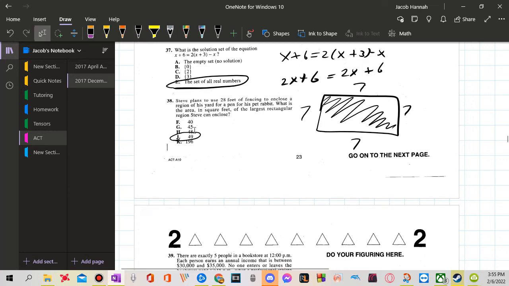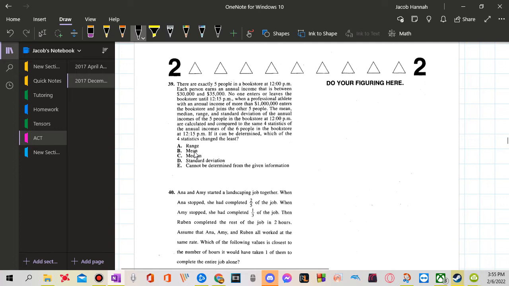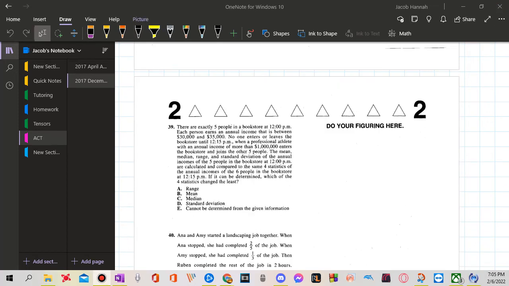There are exactly 5 people in a bookstore at 12 p.m. Each person earns an annual income that is between $30,000 and $35,000.